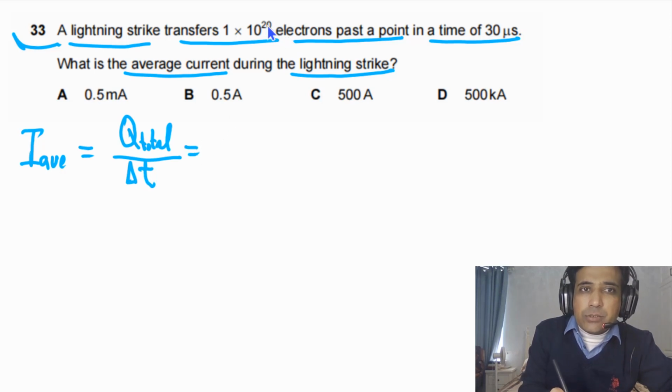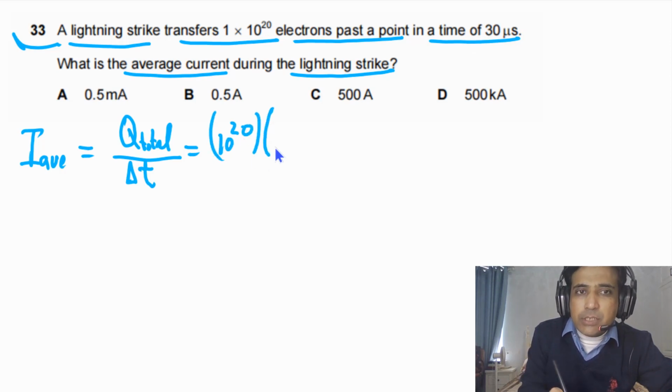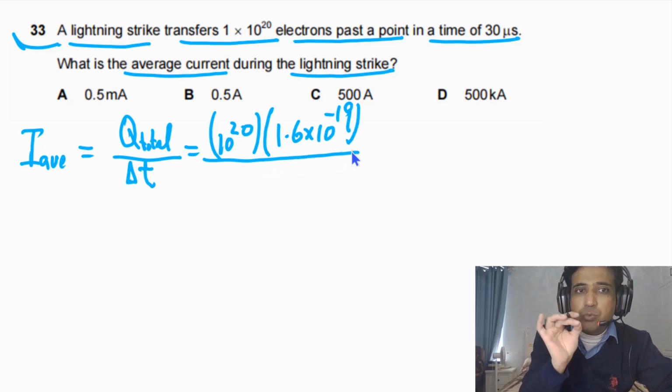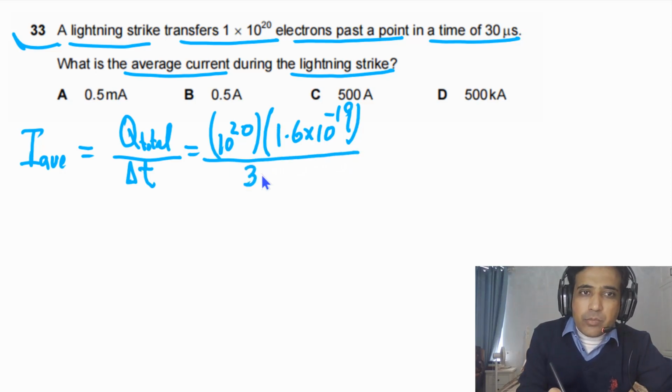So in this case, the total charge passing through a point is 10 to 20 electrons we have, and the charge on a single electron is 1.6 times 10 to minus 19 coulomb. So this is the total charge passing through a point in a time of 30 microseconds, 30 times 10 to minus 6.